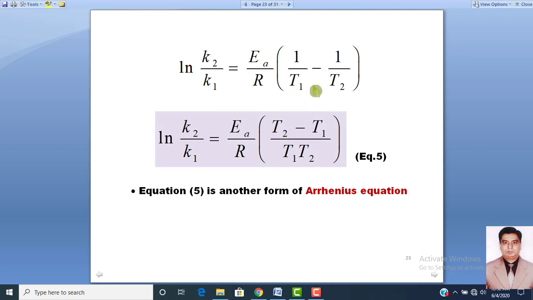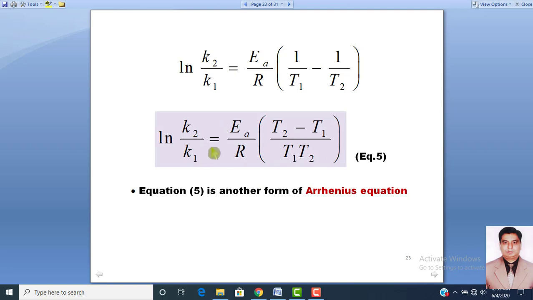And if we take the LCM inside this bracket, we can write equation number 5: ln K2 over K1 is equal to Ea over R into (T2 minus T1) divided by T1 T2. Dear students, this equation number 5 is another form of the Arrhenius equation.